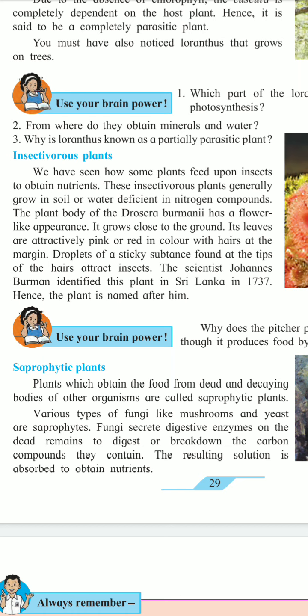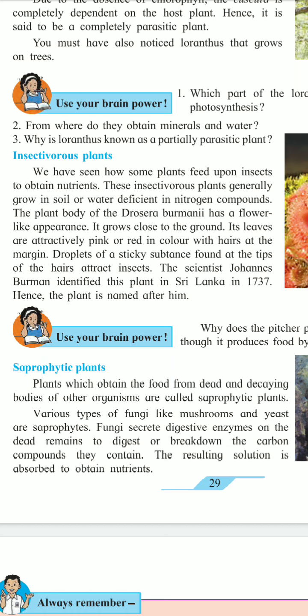So one more concept, see here students, saprophytic plants. Please write down all these spellings five times, the big ones, so that spelling mistakes should not be made in your paper. To avoid that, learn this by heart.